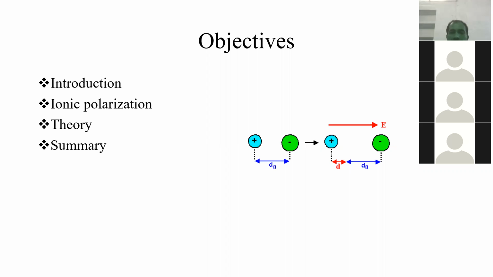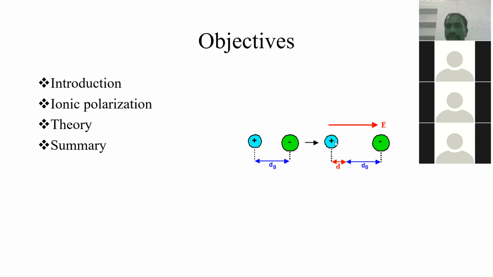Here this is D naught, which is the separation between positive and negative charges, placed fixed. If you apply an electric field to the dielectric material of the ionic substance molecule, the ionic movement is displaced through some distance D. This distance is extended in this way.